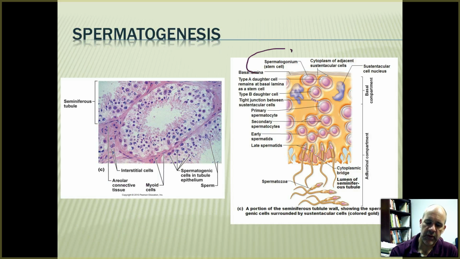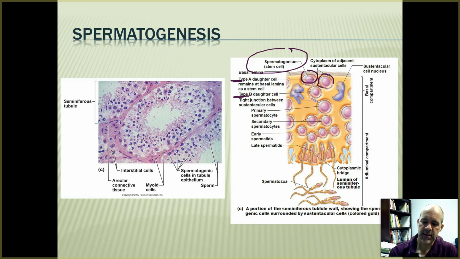Out toward the edge, you have these spermatogonia. Spermatogonium is singular. That's one of those, and those are diploid cells. As they divide and mature, they're going to become the cells that undergo spermatogenesis. So a spermatogonium divides into a type A daughter cell and a type B daughter cell.